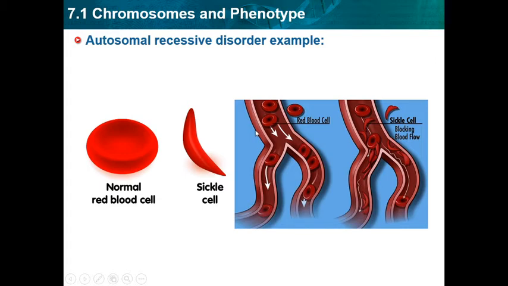What happens if you have that disease is that the sickle cells will tend to block the blood flow in your arteries, veins, and capillaries. So this is an autosomal recessive disorder. This is a recessive disorder in the autosomes, okay?